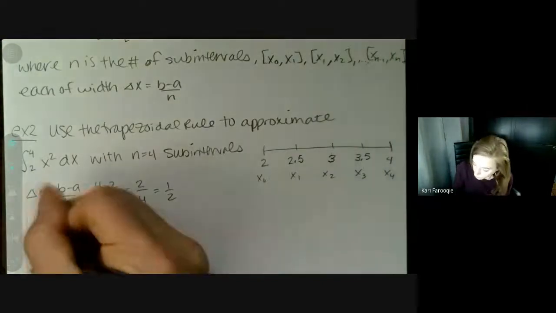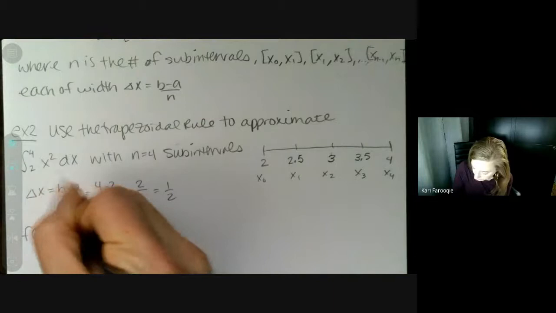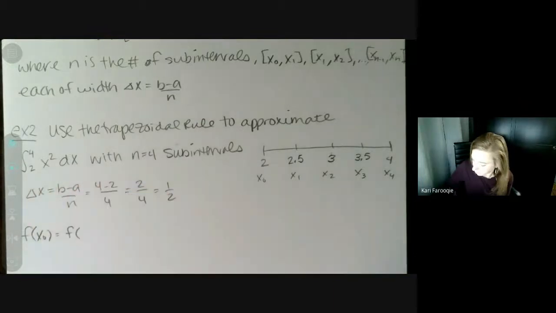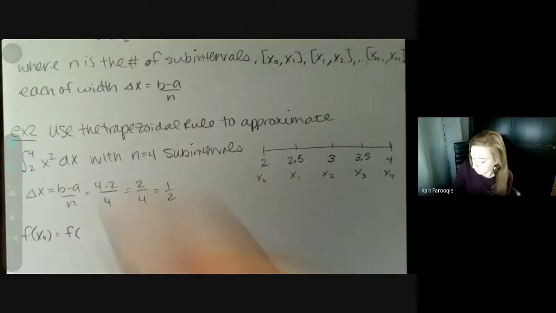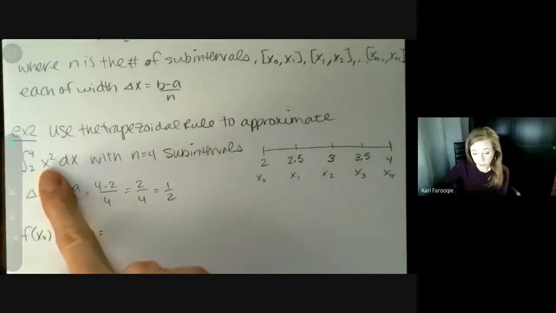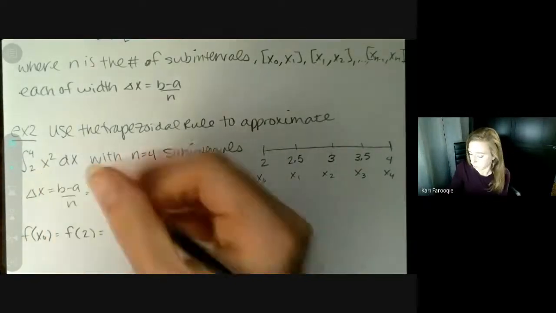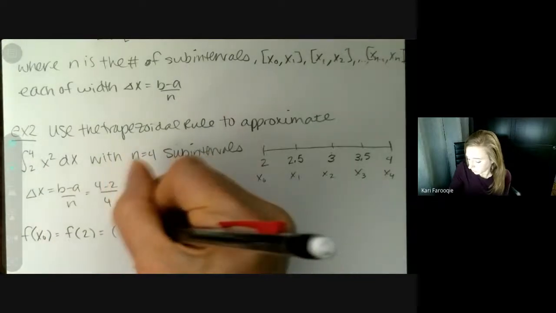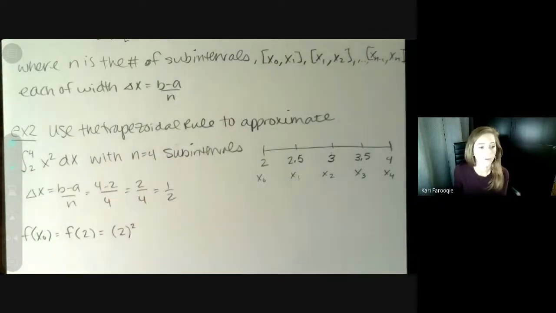So if you were looking for f of x sub naught, that would be f of 2 in our case. And remember that your function is inside the integral, x squared in our case. So f of x is x squared.